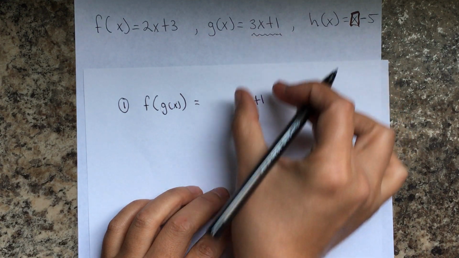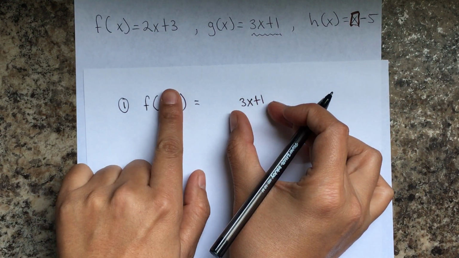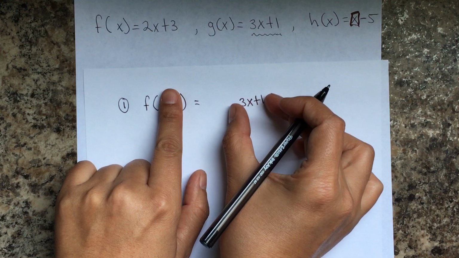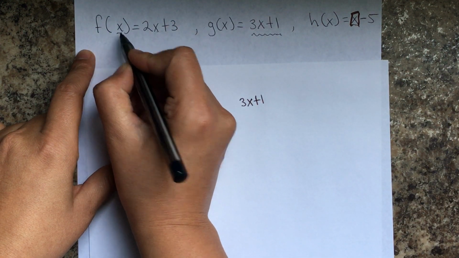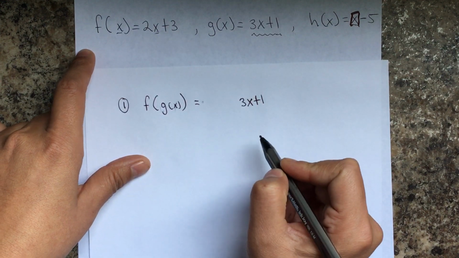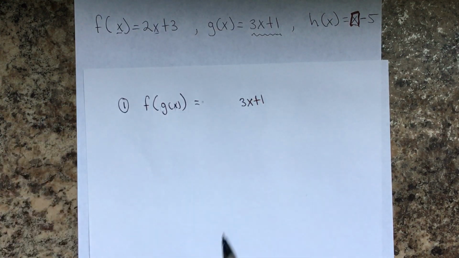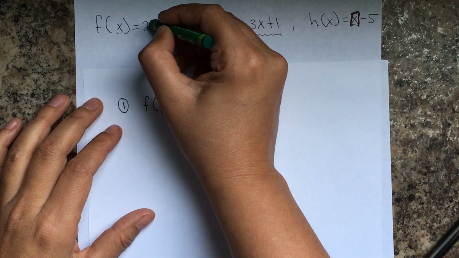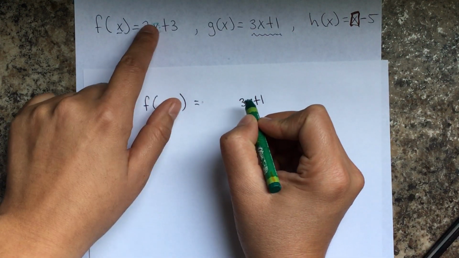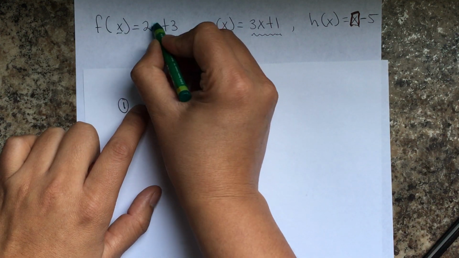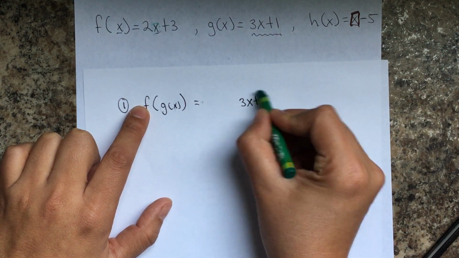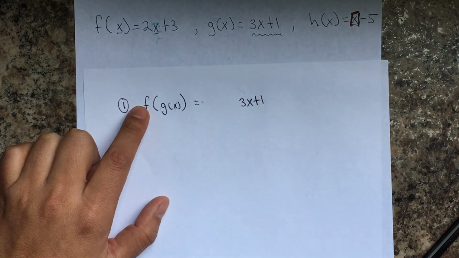Again, this is g of x, and what that means is now this is going to replace the x here and the x here. So let's see if you can really see. It says get rid of that, get rid of that x in the one outside, and you input all of this right there.